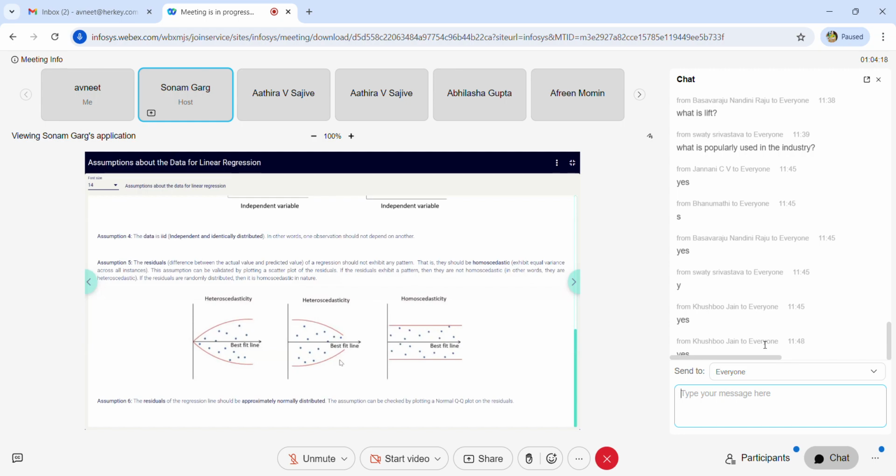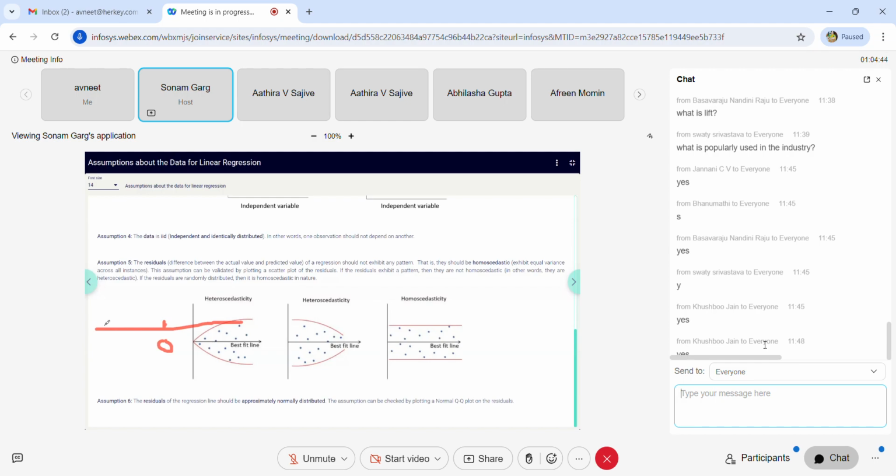There are ways to check normally distributed data. Normally distributed data is one which is centered around mean values. So if you consider, your mean error would be 0 in this case. So let's say this is the point 0.